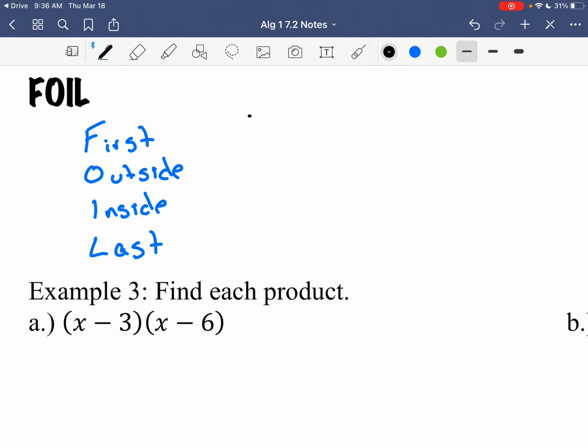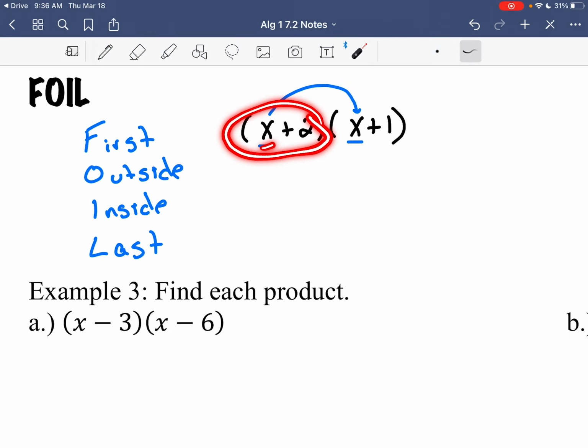What I mean by that is if I'm multiplying x plus 2 times x plus 1, the first thing I'm going to multiply is the x times the x. Those are both the first term in these two binomials, hence first.